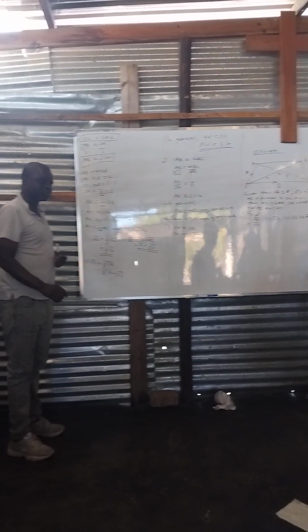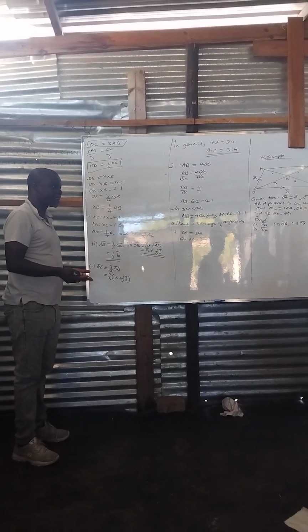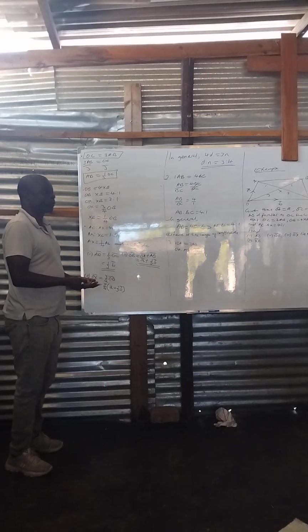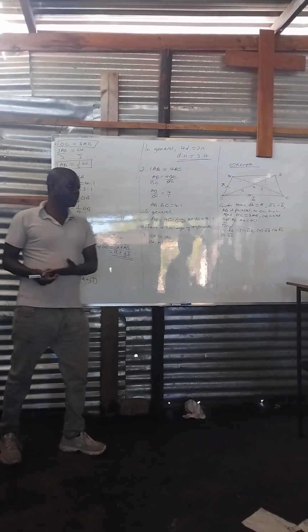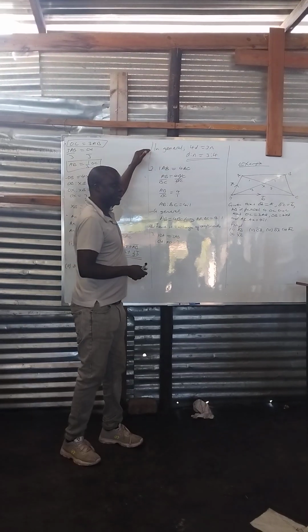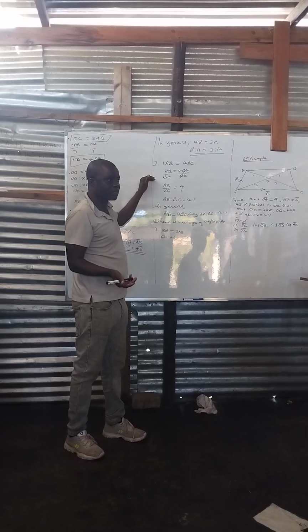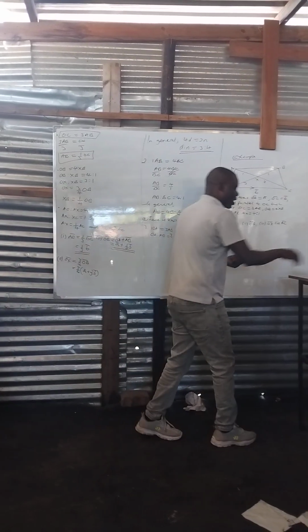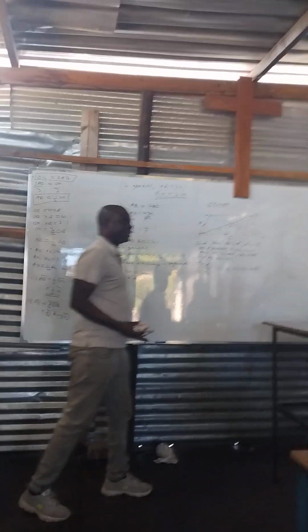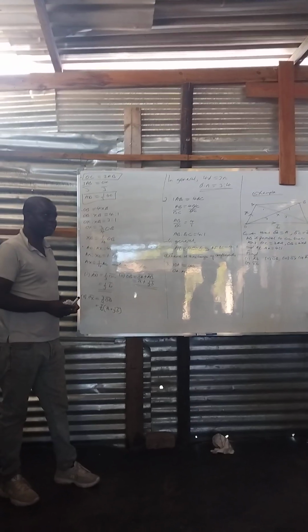We don't know what they will say. An error can be carried forward. If you get something wrong here, but you use it correctly in the next steps, you may get some marks, part marks. They have to agree on a certain marking guide.